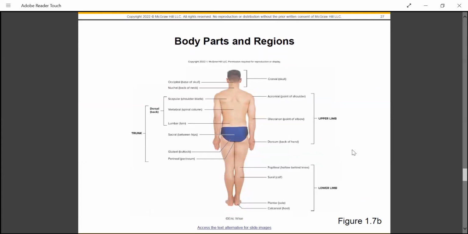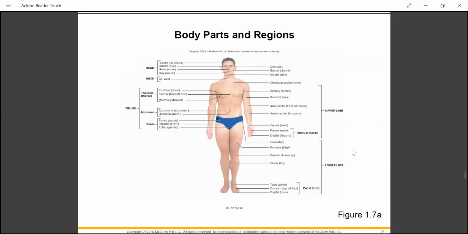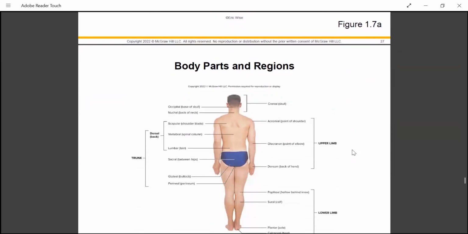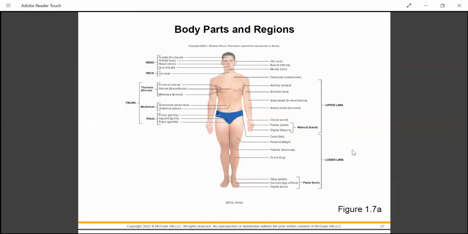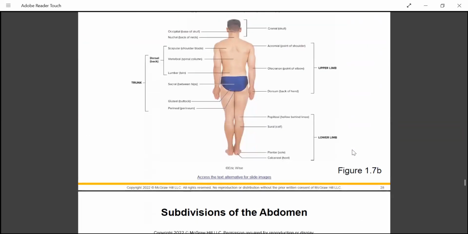So I don't necessarily expect you to memorize every single one of these, but you should familiarize yourself with these different regions and body parts, because as you go through future classes, these are words that you're going to see a lot and need to know. So you might as well learn it now and start building that knowledge. Like I said, I don't expect you to memorize every single one, but at least try to get yourself familiar with them and have a general idea where they go. And if there are some specific, really important regions, I'll make sure I highlight those for you guys prior to quizzes and tests if I can.